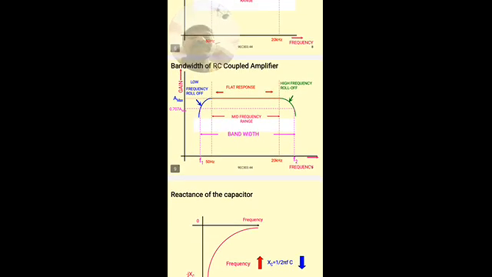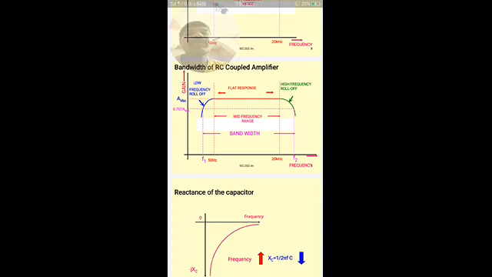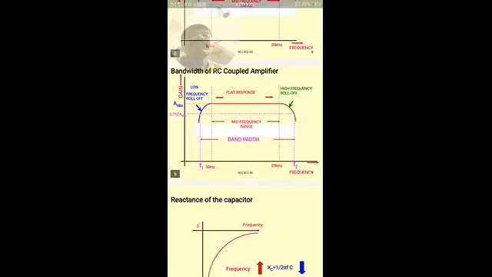Now coming to the bandwidth of the RC coupled amplifier. This is the maximum gain. These are the points when the gain becomes 0.707 times the maximum value.